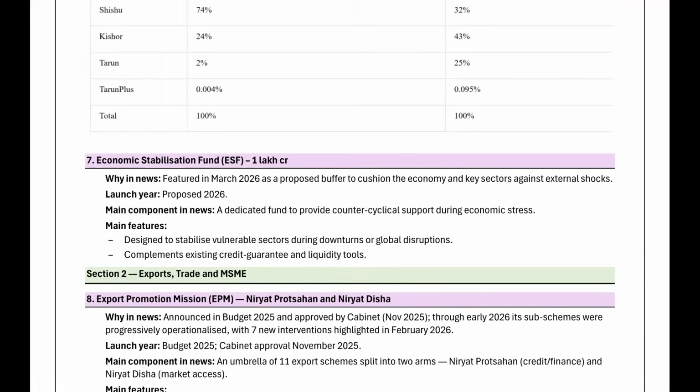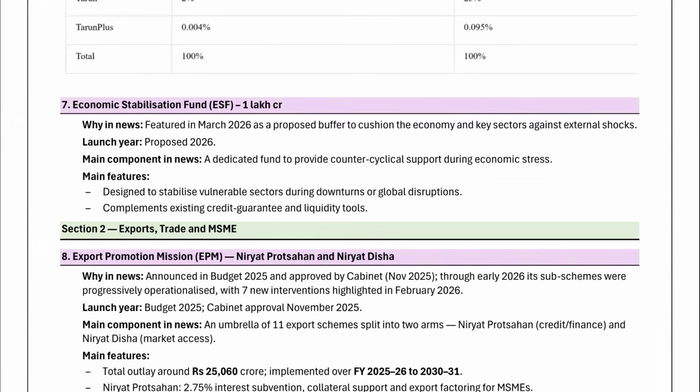Now, the last scheme which I want to discuss under the indexation scheme is the Economic Stabilization Fund. Please try to understand why it is in the news. Because it is a buffer to cushion the economy and key sectors against external shocks. Various things are going on in the country.